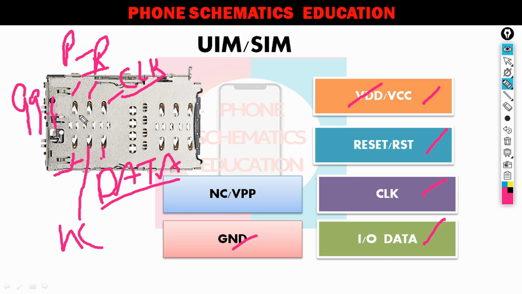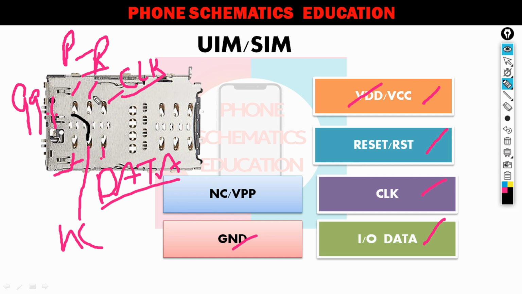In 1% of phones, this pin is directly connected to the positive voltage. Clear? Now I'll give you the full detail of how these pins work in a mobile phone or cell phone, or how to test these pins if there is a SIM-related fault.